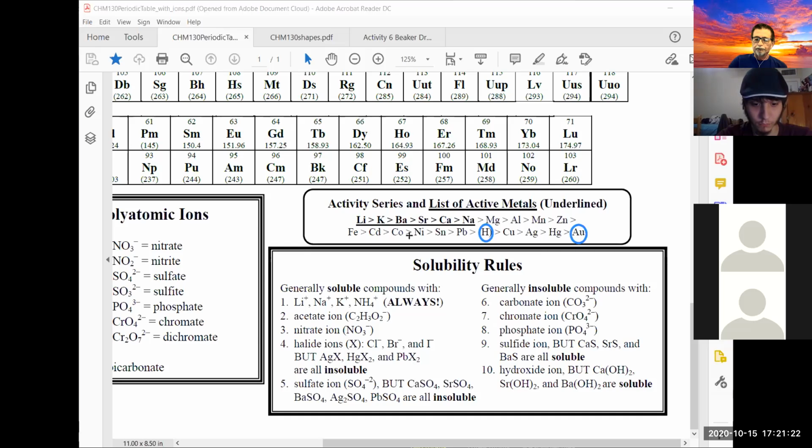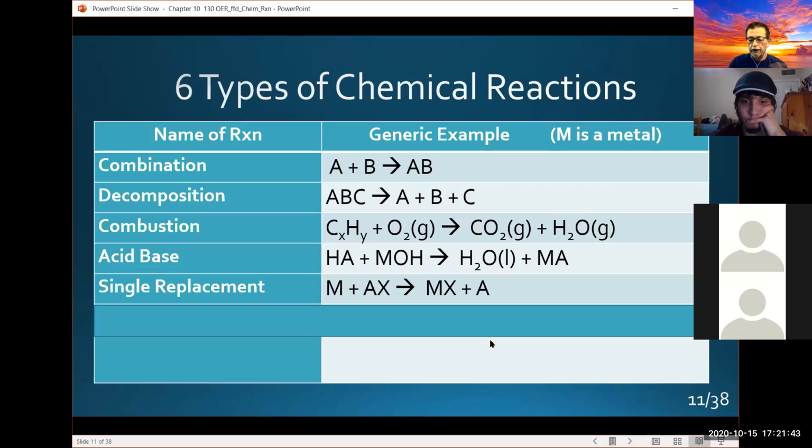And so in that example, that metal that was in elemental form was a lot more reactive than the other metal. Therefore, it went into the salt form. So we're going to rely on the activity series to tell us whether that reaction will proceed, written here in general formula format. Okay, we'll get into specifics.